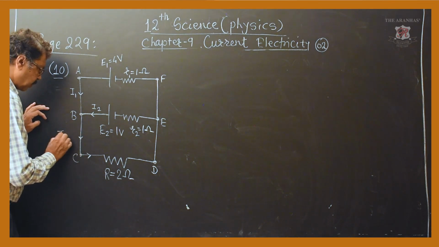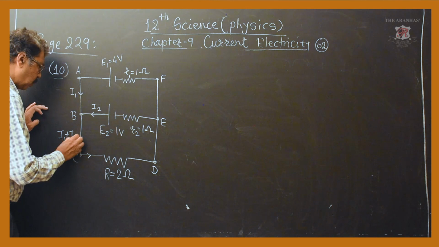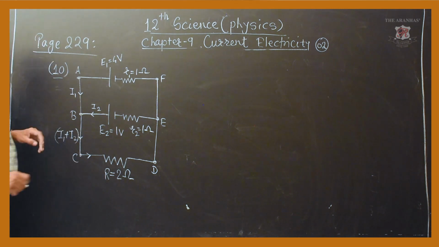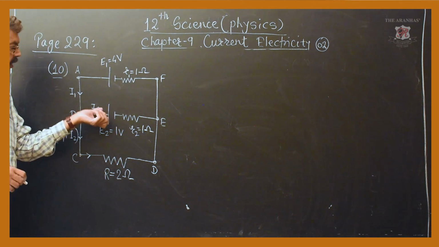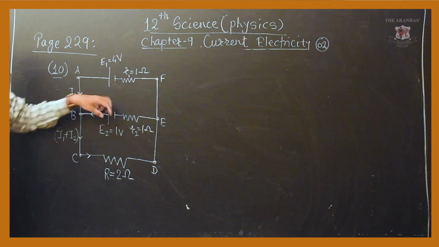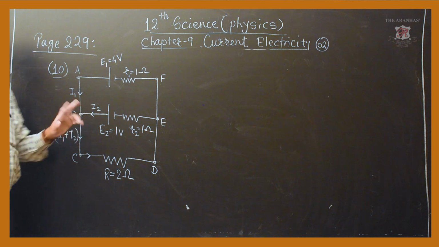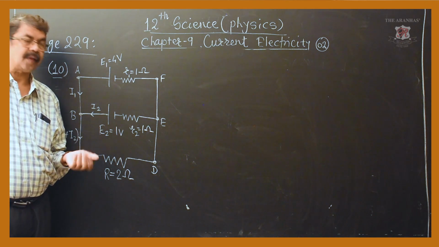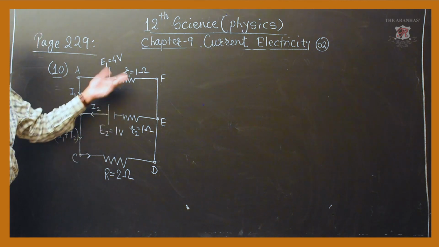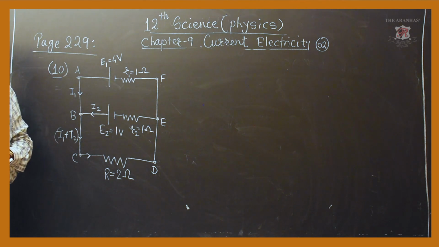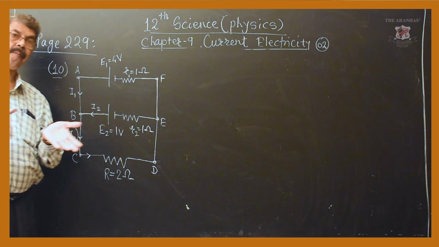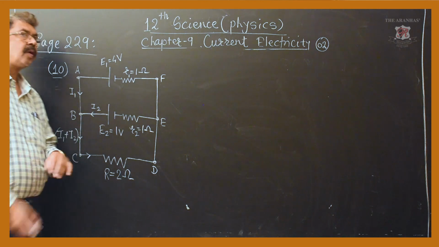It is I1 plus I2. If the cell is connected in the opposite direction, it is going to be I1 minus I2 or I2 minus I1. That time we have to consider the EMFs and the internal resistances of the cell. We'll solve some of that type also later on.